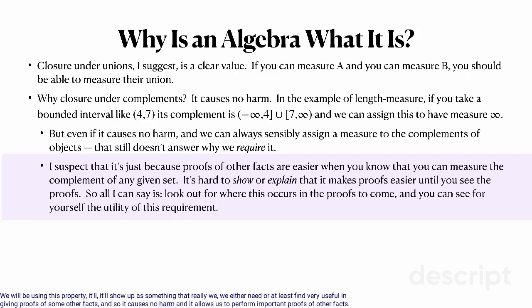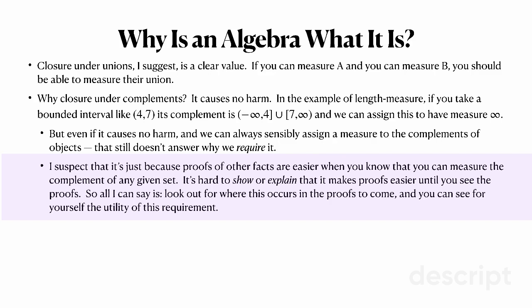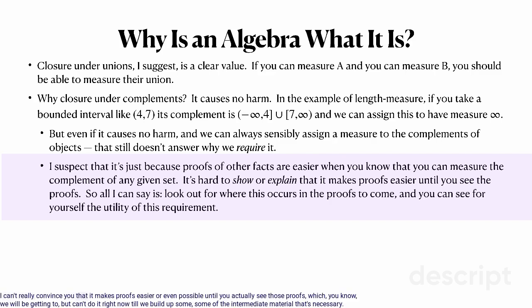And so it causes no harm, and it allows us to perform important proofs of other facts. So it seems valuable. And I can't really convince you that it makes proofs easier or even possible until you actually see those proofs, which we will be getting to, but can't do right now until we build up some of the intermediate material that's necessary.